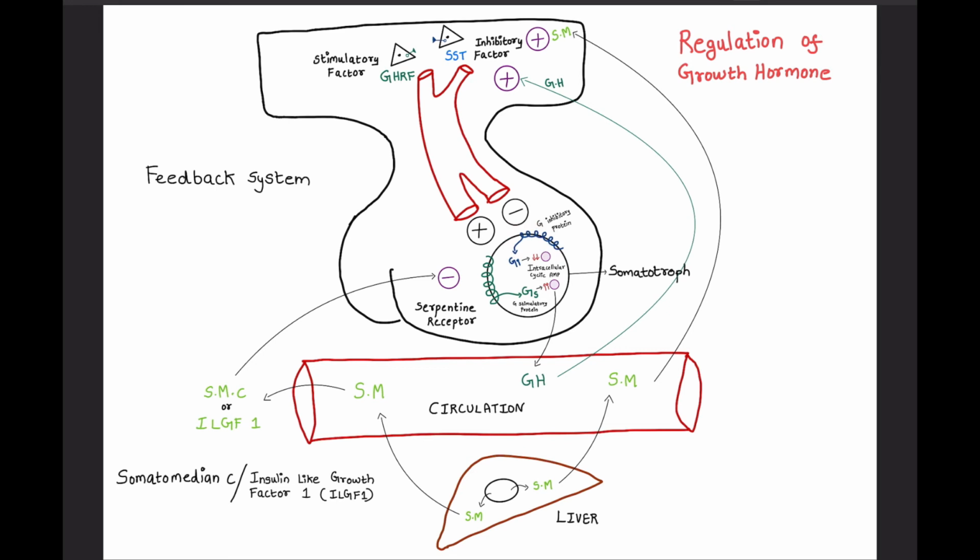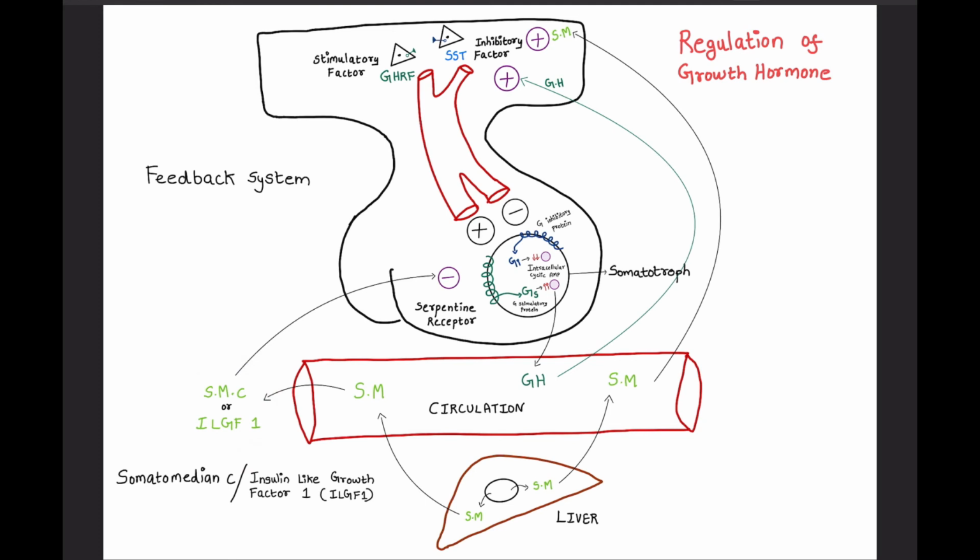And also know that if the growth hormone levels are higher than normal in the circulation, the somatomedin levels are also higher. So these somatomedins in the circulation, there are some classes of somatomedins such as somatomedin C, also known as insulin-like growth factor 1.